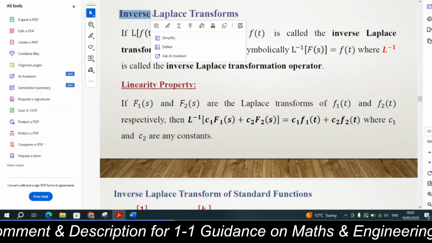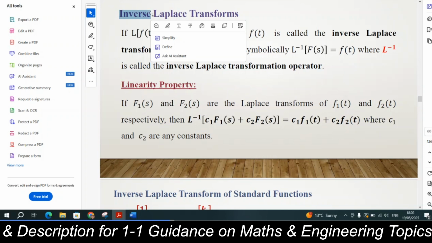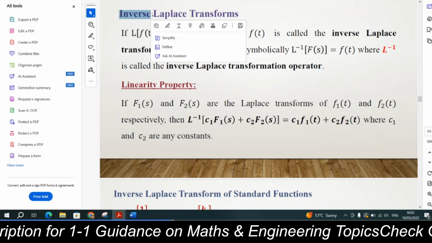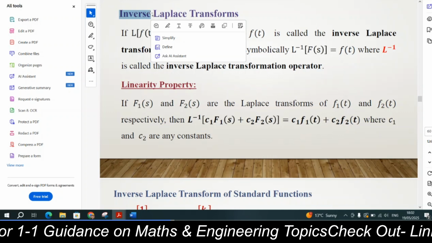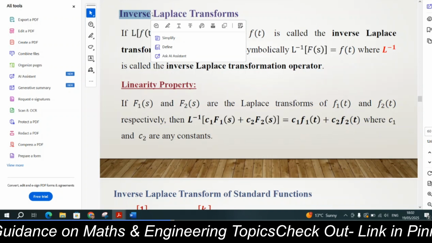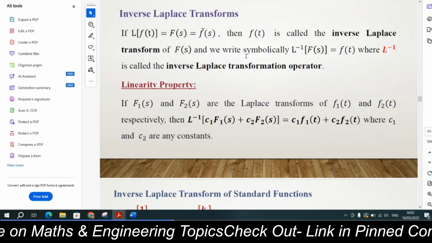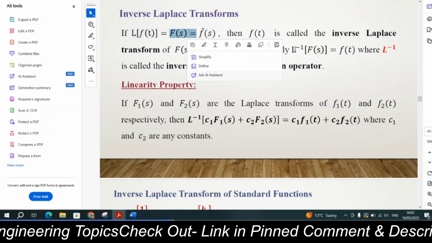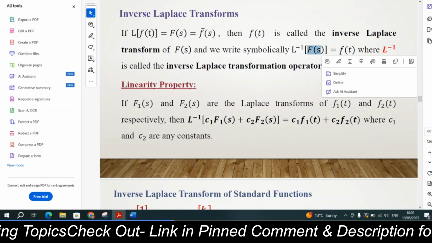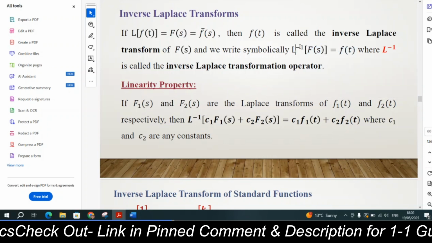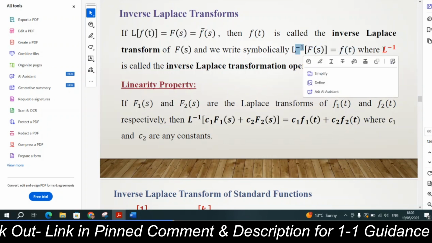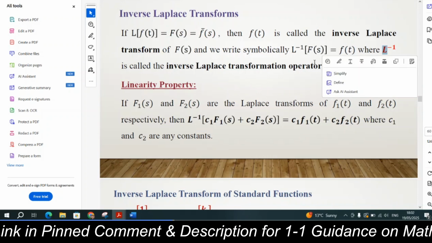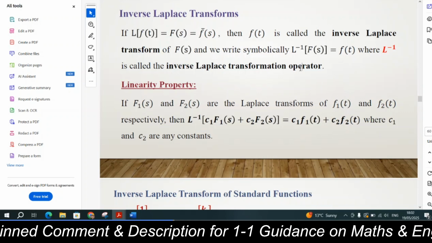Inverse is like in integers, where the inverse of 2 is half, or in trigonometry, where if sin theta is x, then theta is sin inverse x. Similarly here, if the Laplace transform of f(t) is F(s), then the inverse Laplace of F(s) is f(t).